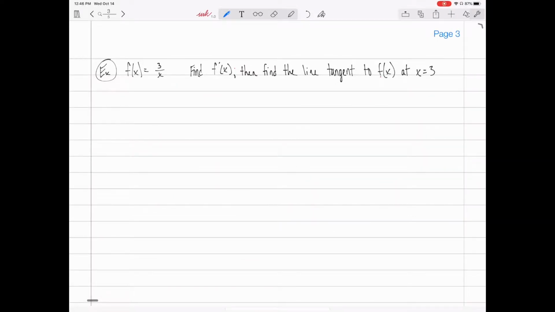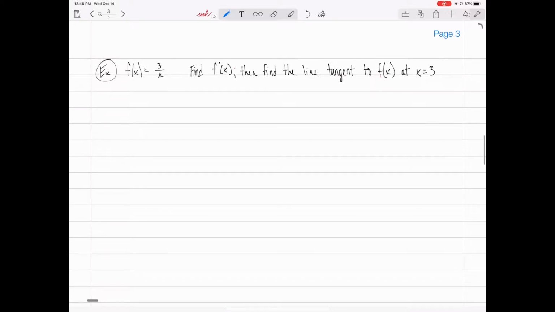Okay, so we're going to look at this problem in one other way. There is a second way to look at this. If we want to find the derivative at a point, which is what we just did in the last problem, we just looked at the derivative function and used that, but there is sort of a shortcut to it.